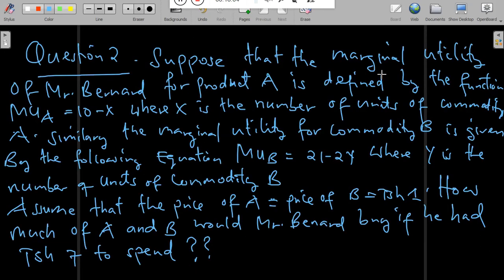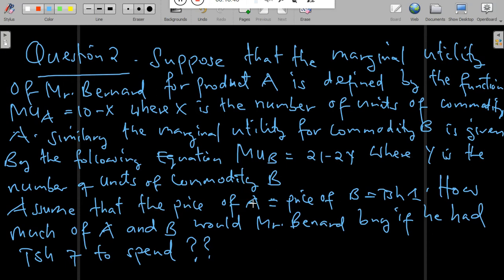Question number 2. Suppose that the marginal utility of Mr. Bernard for product A is defined by the function marginal utility of A, which is equal to 10 minus x, where x is the number of units of commodity A. Similarly, the marginal utility for commodity B is given by the following equation, marginal utility of B, which is equal to 21 minus 2y, where y is the number of units of commodity B. Assume that the price of A and the price of B is 1 Tanzanian shilling.